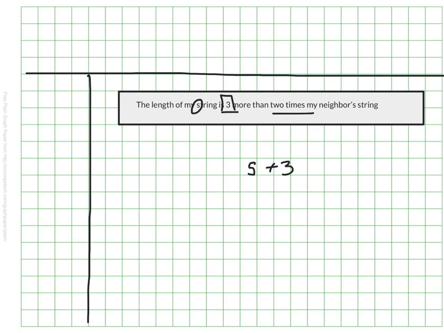But I'm not just adding 3 to the string, I'm adding 3 to 2 times the string. So I also need to put a coefficient here to say that I have the S twice. Her string twice, and plus 3 more is going to be the length of my string. Now that's all I'm going to write for now, right? 2S plus 3 is the expression that matches this. Once I know what the length is, I can substitute that in and then I can figure out my length.